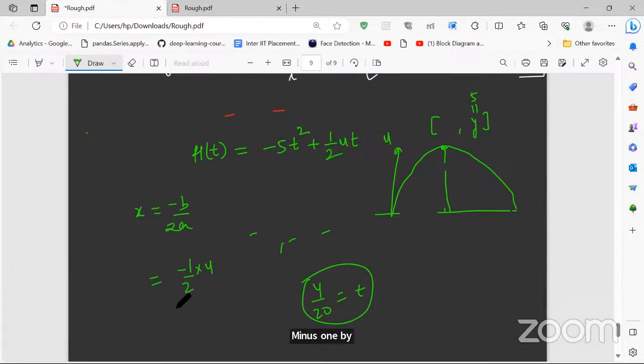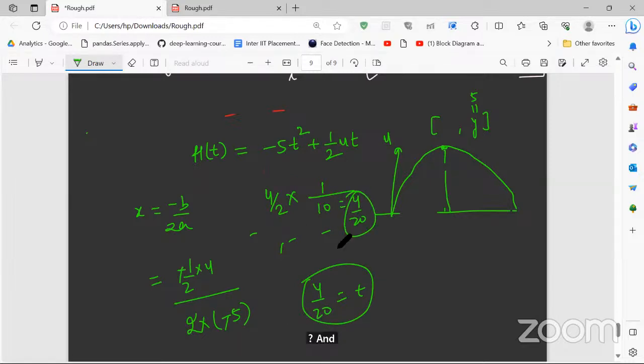Then 2 into a, what is a here? Minus 5. So the minus got cancelled, and u upon 2 divided by 10 gives u upon 20. Correct?